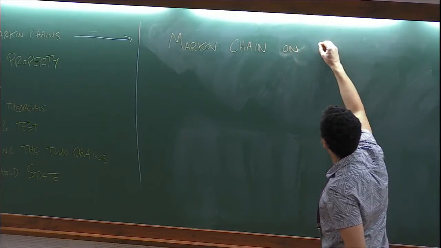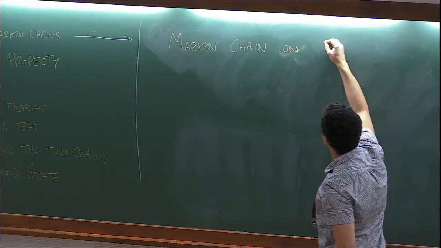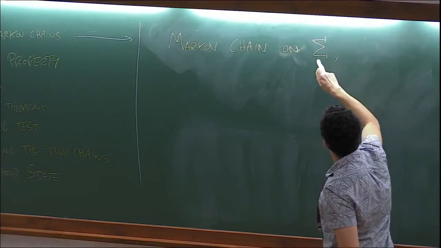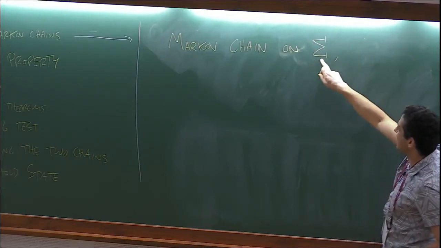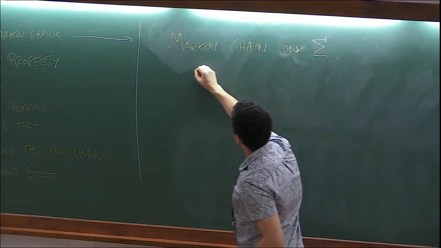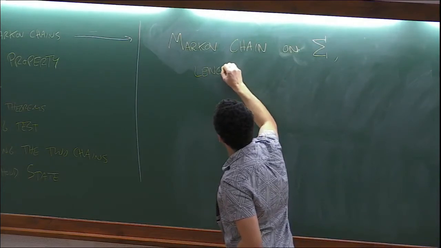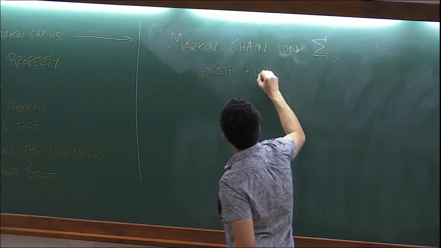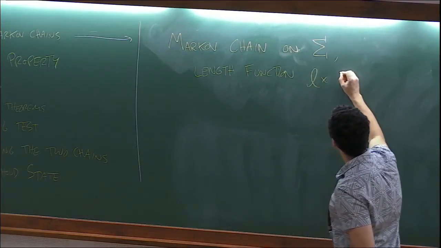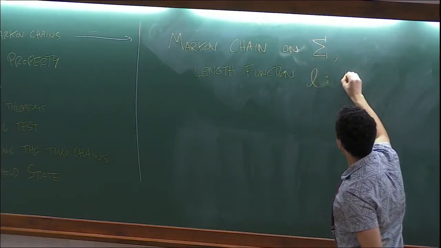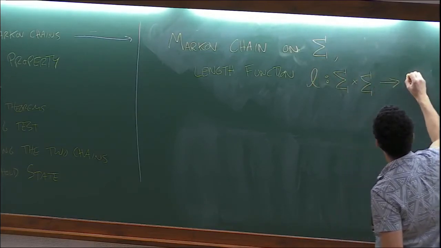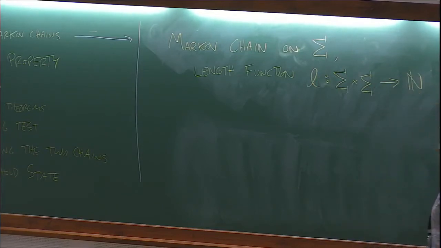But the general situation is you have a Markov chain on, say, some state space sigma, and you have some additional data of a length function on edges of sigma. So length function, let's say L. So for each pair of states of your Markov chain, it gives you a non-negative integer.